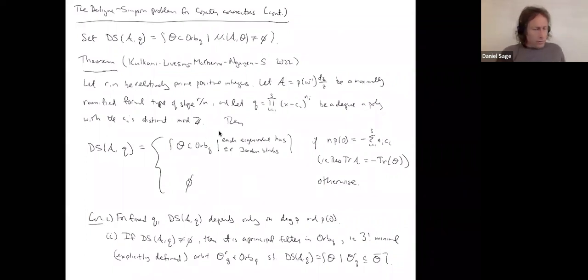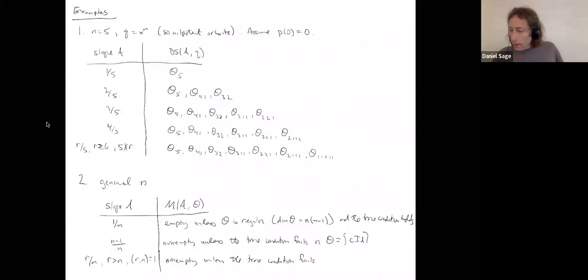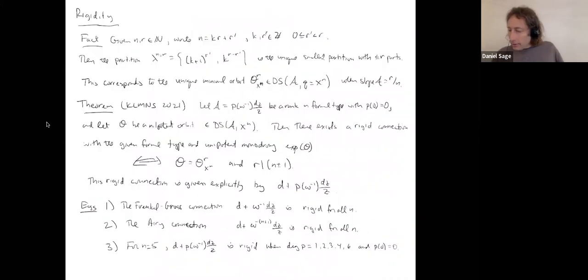And it seems unlikely that quivers by themselves will be enough to solve these ramified cases. I have examples, but I clearly don't have time to talk about them. We've also solved the rigidity problem for these Coccidor connections, at least when we have unipotent monodromy at the regular singular point.